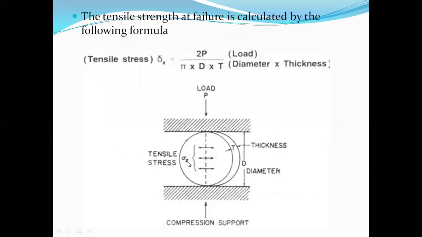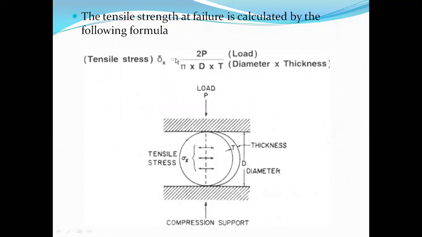Next one, the formula. We are applying the load and it fails here. Look at here, we are applying the load and in an indirect way trying to compute the tensile strength of the specimen. What is the formula that we'll use to calculate the tensile strength of the specimen?